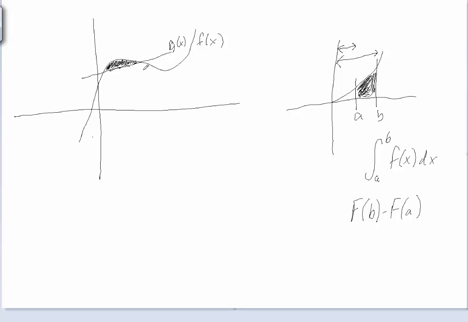What we can do is, between these two values of x, we can take the full area underneath f of x and subtract the area that's under g of x. And that leaves us with what's between the two curves.